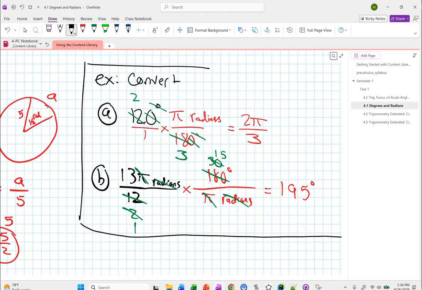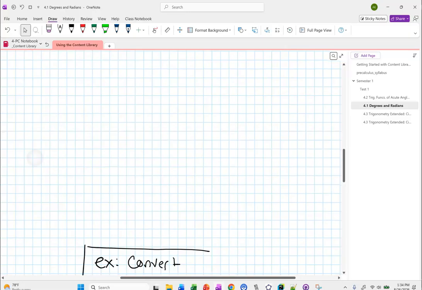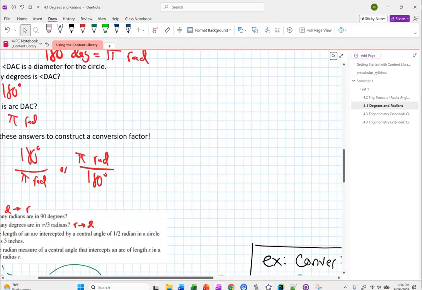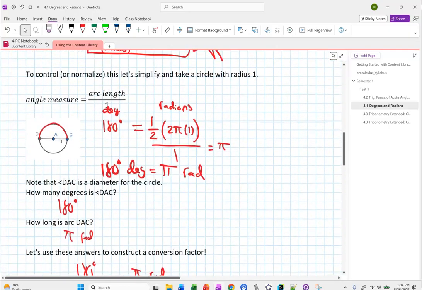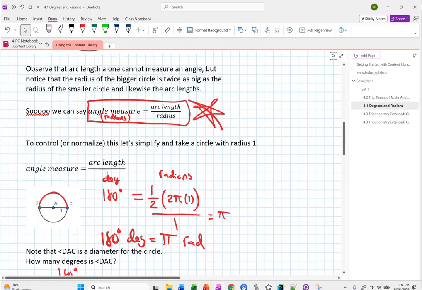Now, the other thing that we saw yesterday when we were doing this was this relationship, that an angle measure in radians is equal to arc length over radius, right?